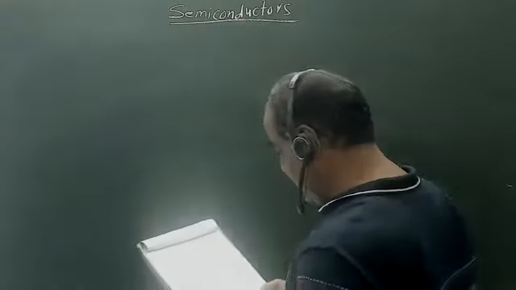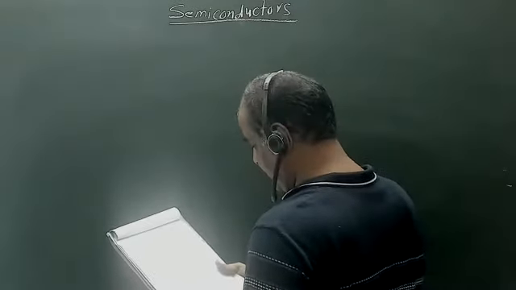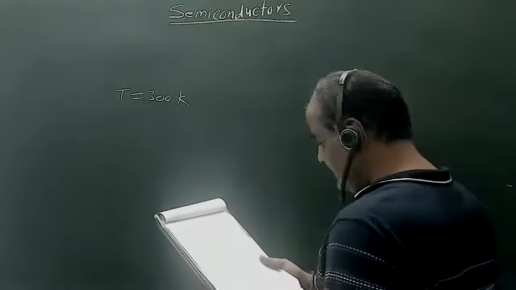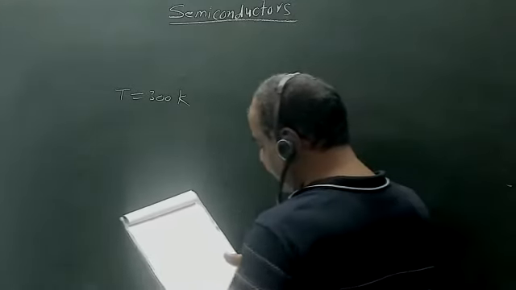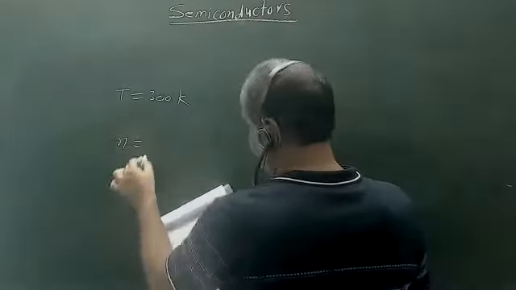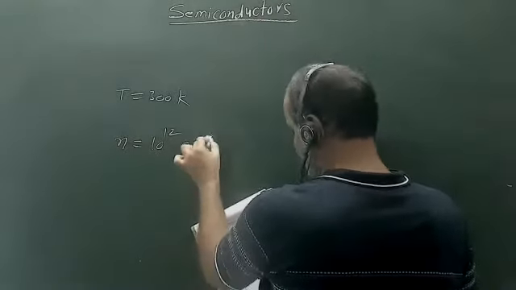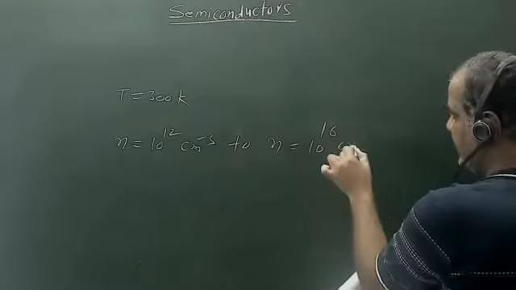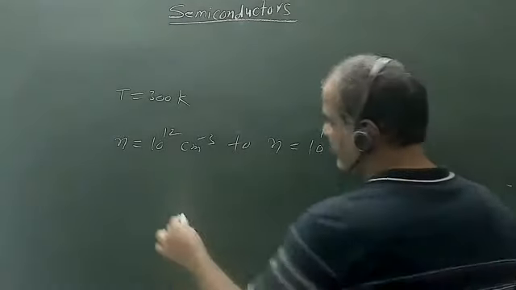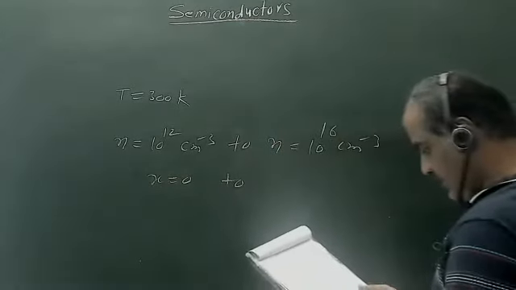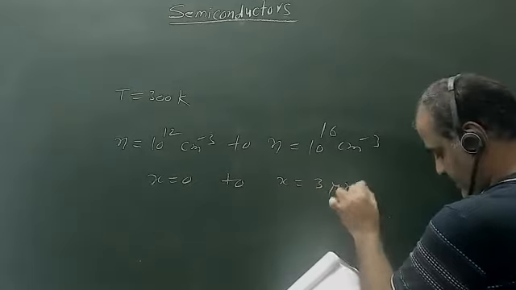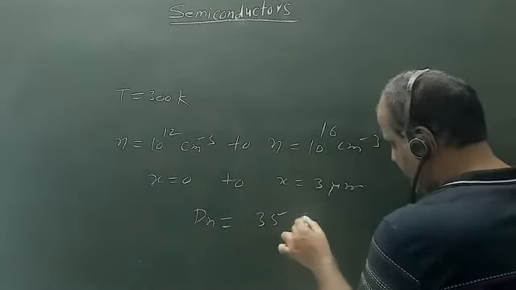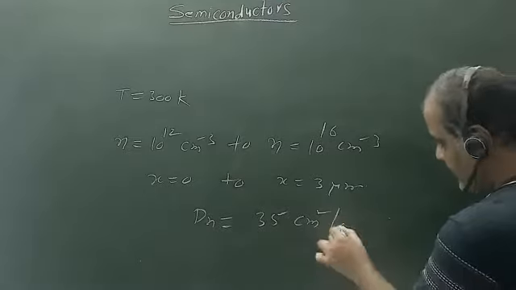They are given a silicon sample at T is equal to 300 Kelvin, and it says assume the electron concentration varies linearly from n is equal to 10 power 12 per centimeter cube to 10 raised to power 16 per centimeter cube, over the distance from x is equal to 0 to x is equal to 3 micrometer, and they are given Dn value as 35 centimeter square per second.